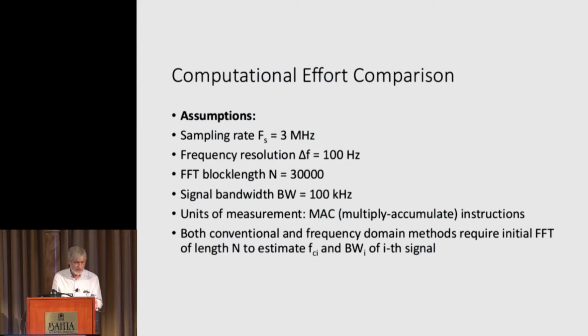And by the way, I just used numbers that I can sort of nicely work with. Of course, if you were to implement this in a real implementation, you would probably use powers of 2 for the FFT. So because I take 10 milliseconds and the whole thing is sampled at 3 megahertz, I get an FFT block length that is 30,000.